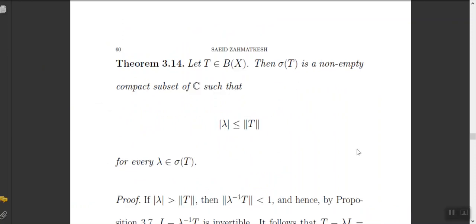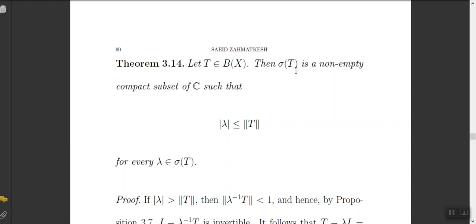Okay guys, next we have a very important and interesting theorem. Look at here. Let's say T is a bounded linear operator on a Banach space X. We want to prove that the spectrum of T is a non-empty compact subset of C such that the absolute value, or modulus, of lambda is less than or equal to the norm of T for every lambda in the spectrum.